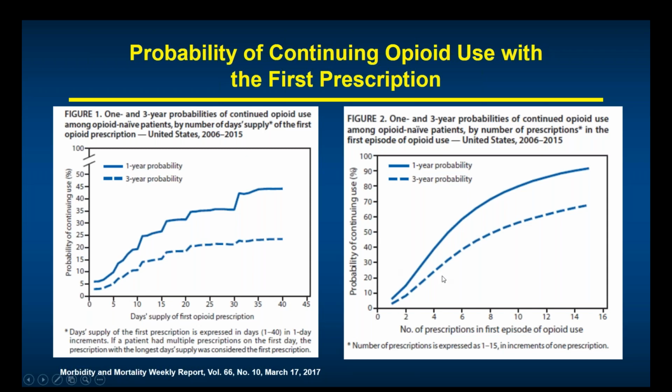And you can see having a very high 3-year probability of about 50% of being on opioids. So we paid very close attention to this. And so what has happened, we're getting much more cognizant of the importance of restricting the use of opioids with acute pain, restricting the days supply, restricting the number of pills in a prescription, and restricting the number of prescriptions.